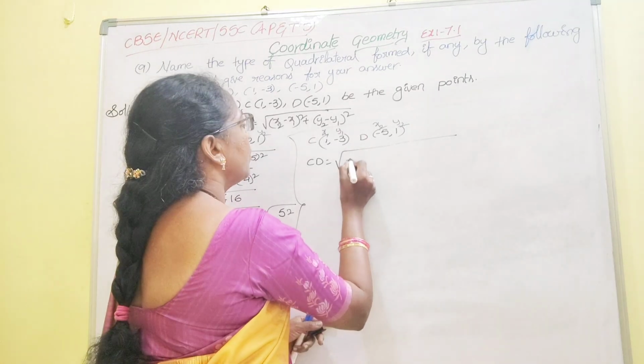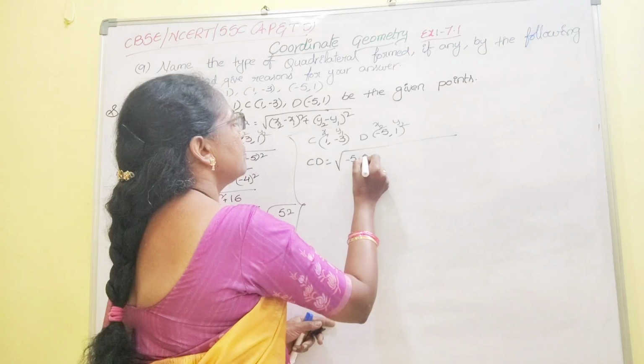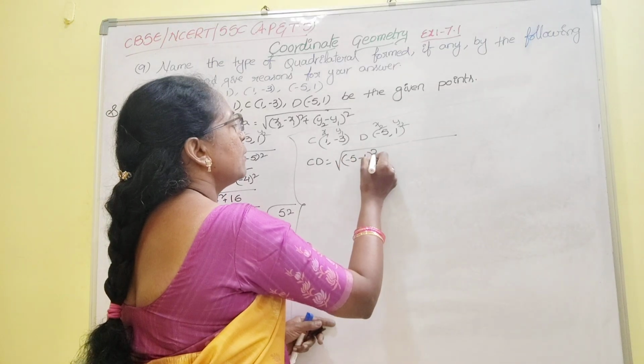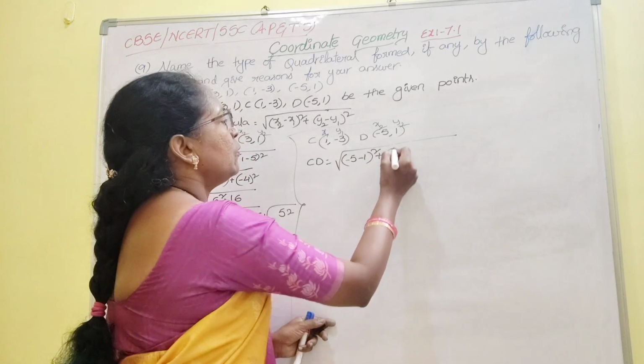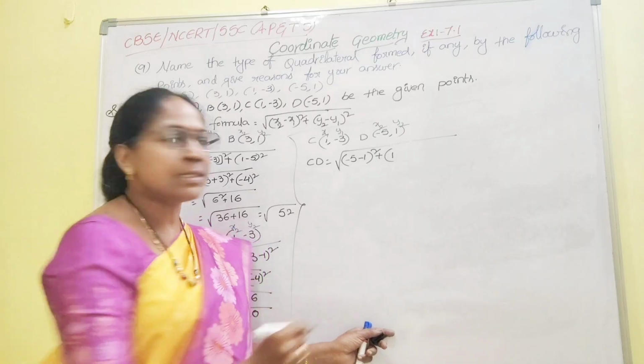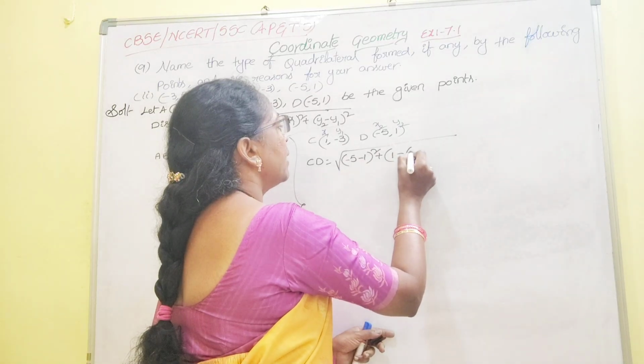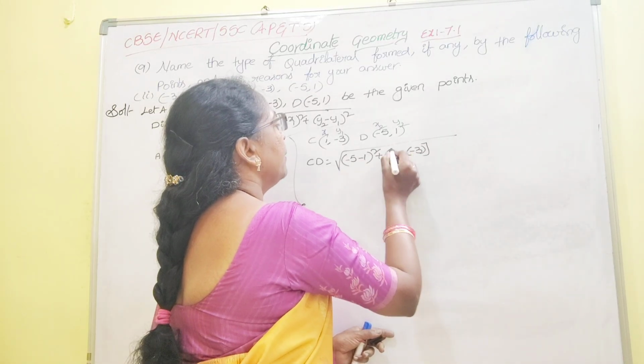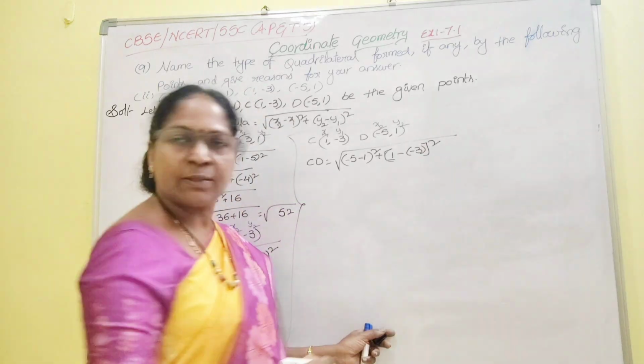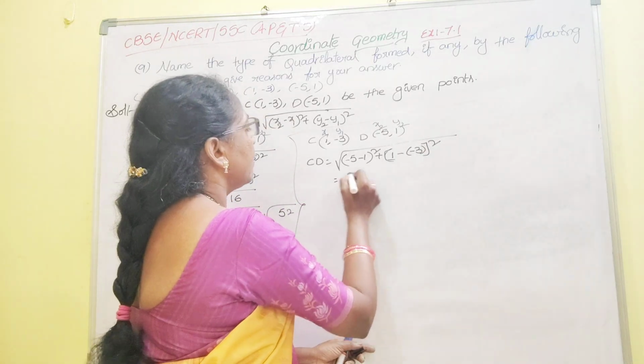Here x2 is minus 5, x1 is 1, y2 is 1 and y1 is minus 3, so 1 minus of minus 3 is plus 3.